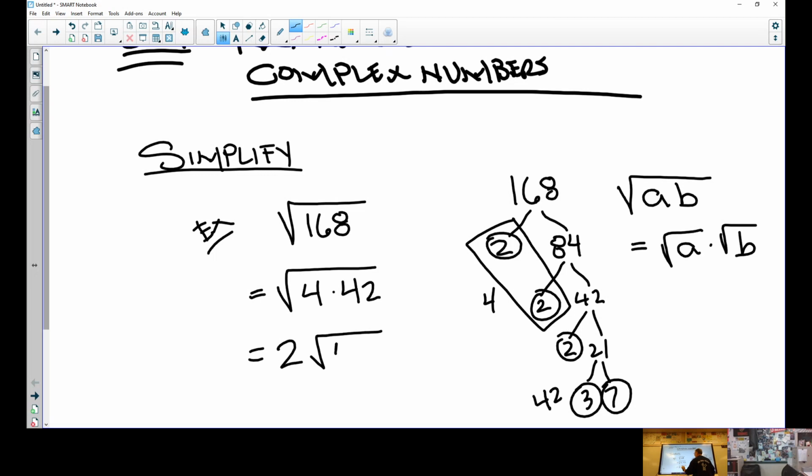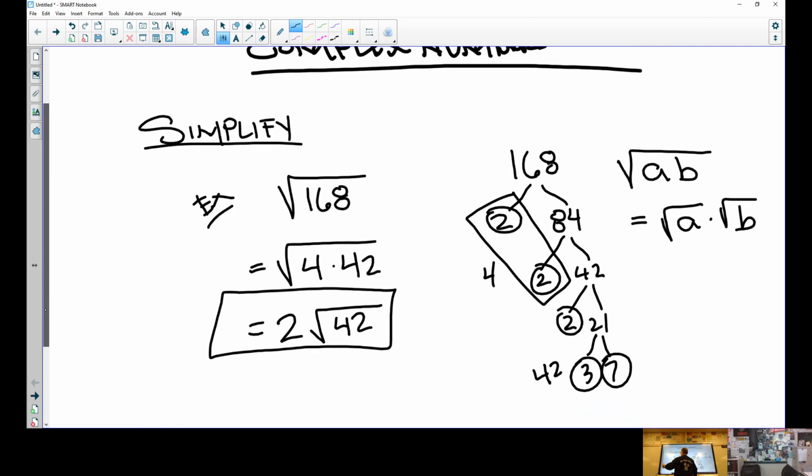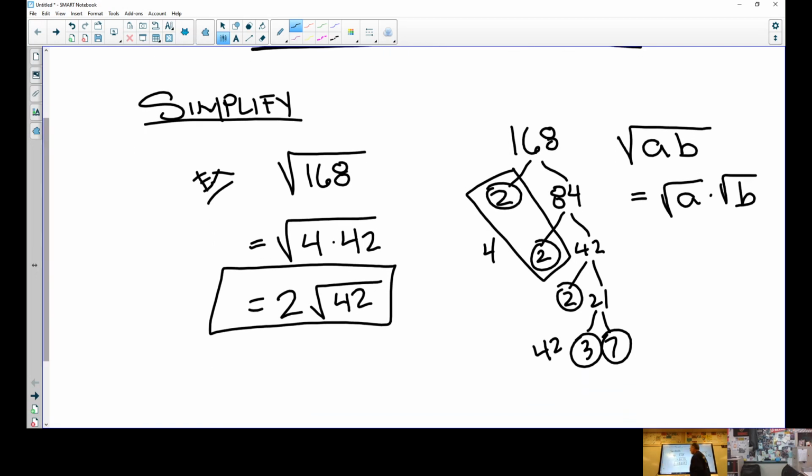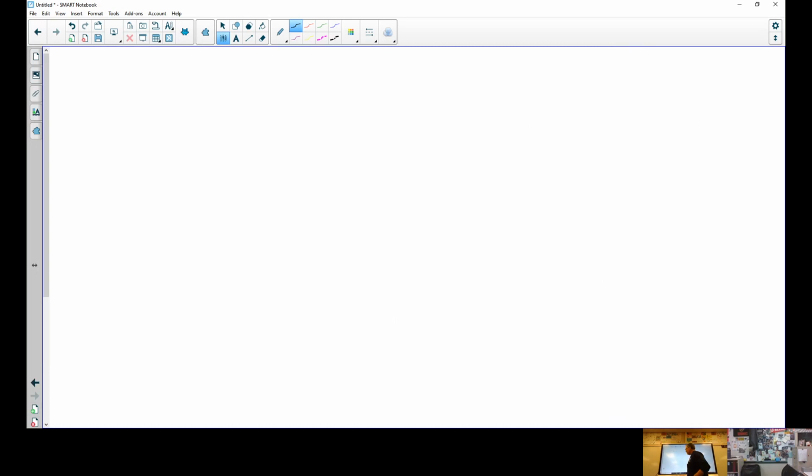So we're just going to leave that underneath, and we get our simplified radical. This is simplified radical form. Again, if we ask for simplified radical solutions, that's what we're looking for.